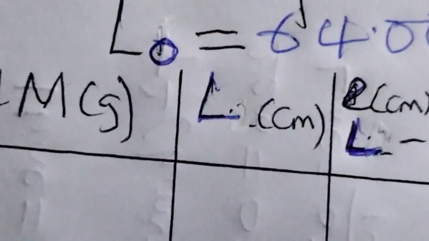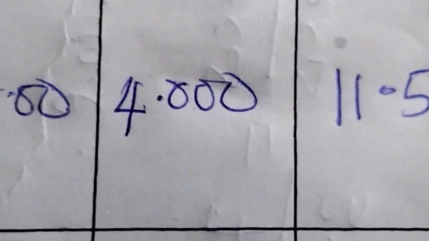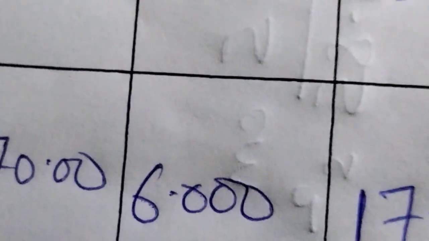Then we're asked to plot a graph of extension, which starts from 3 and ends at 7.5, that is 3, 4, 5, 6, and 7.5. Extension is on the vertical axis, and then period squared, the last column, on the horizontal axis.